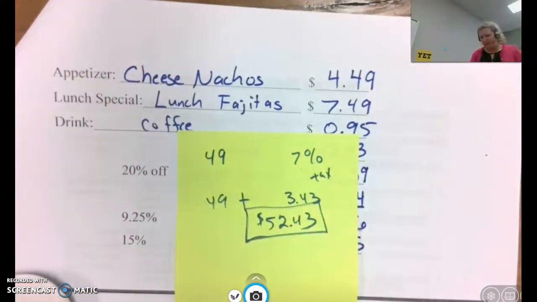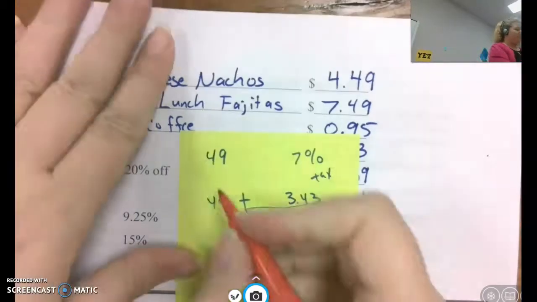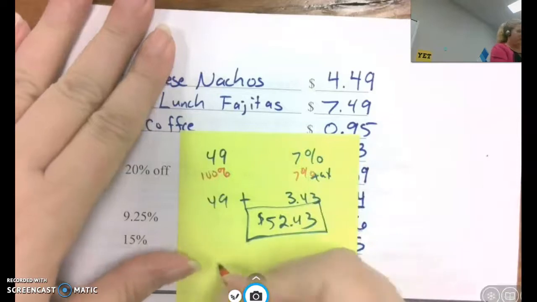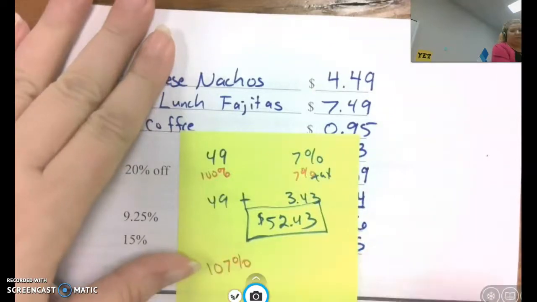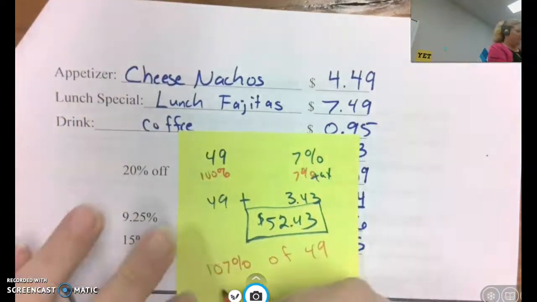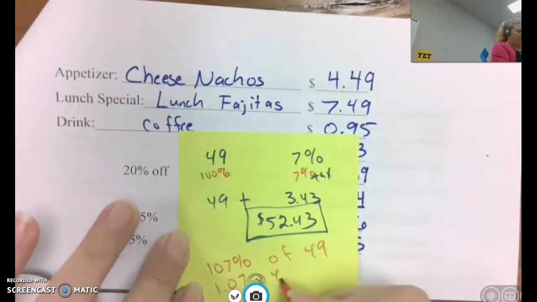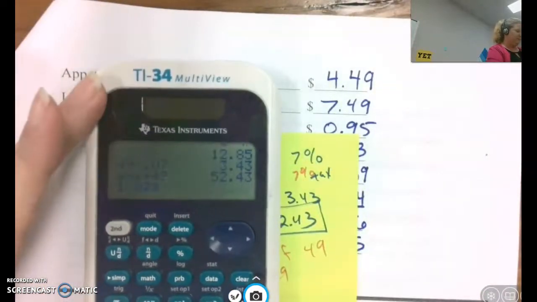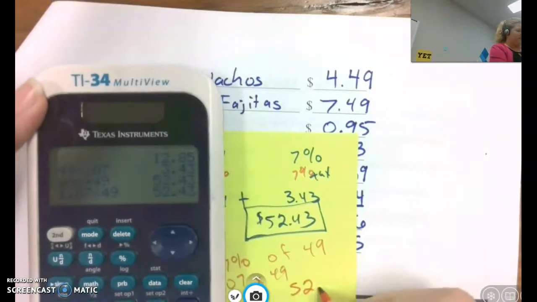The other way you could do it is think of what total percent you will be paying. If this is 100%, then you've got another 7%. So you're doing 107% of the original cost, or 1.07 times the original cost. Let's see if we get the same thing. Look at that. Exactly the same answer.